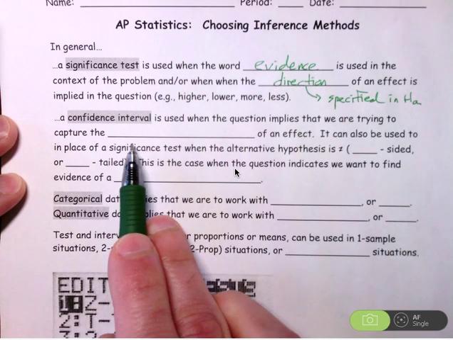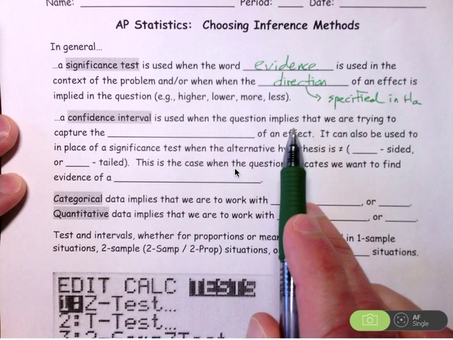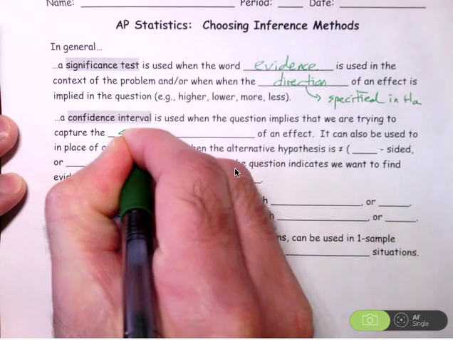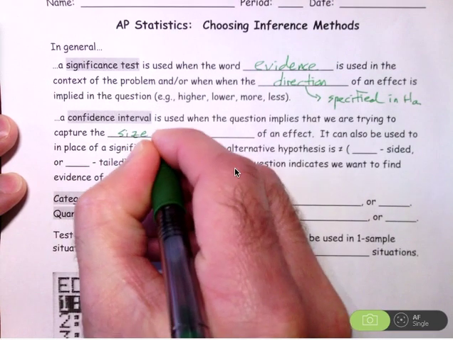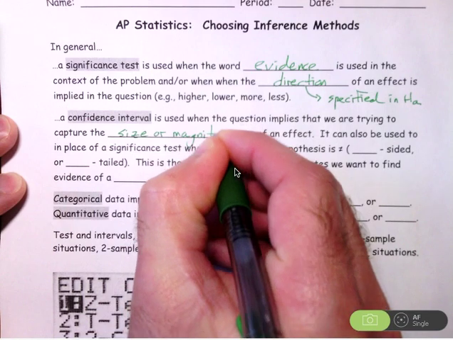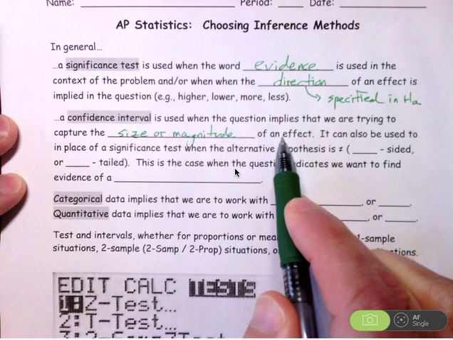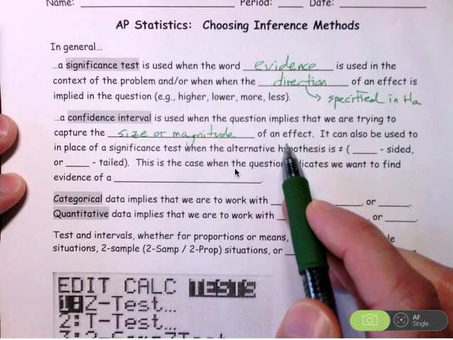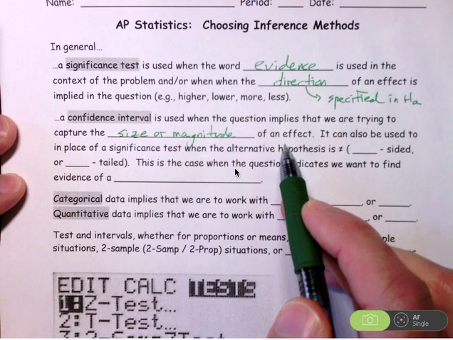So a confidence interval is used when the question implies that we're trying to capture the size or the magnitude of an effect. So how big might a particular mean be, or how small might a particular percentage or difference be?